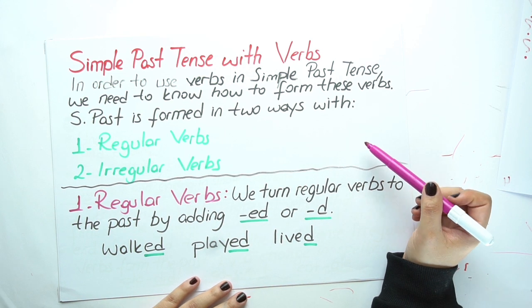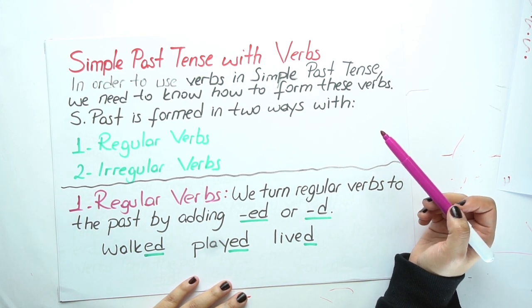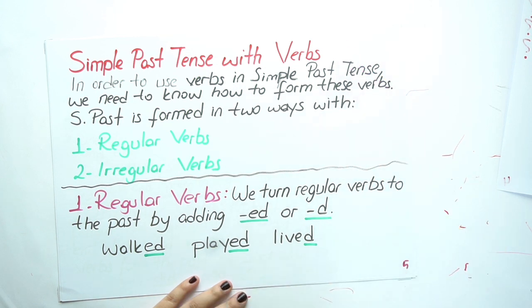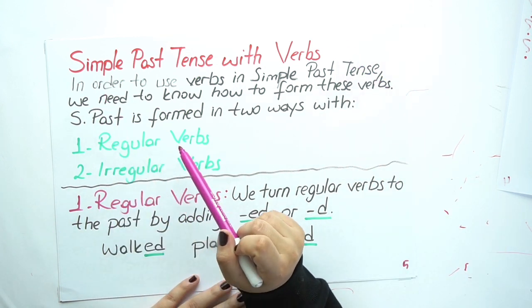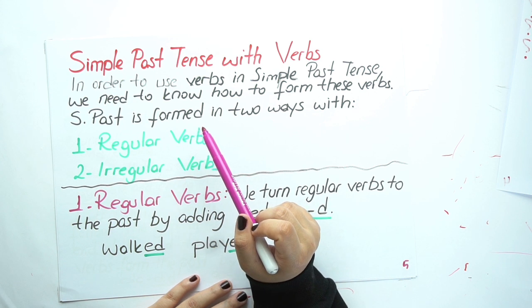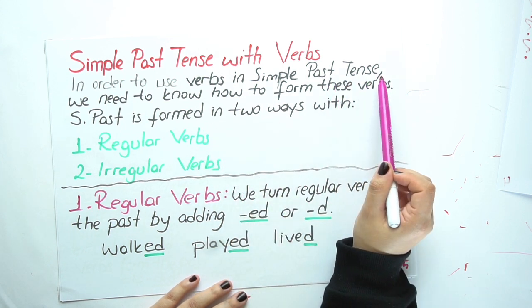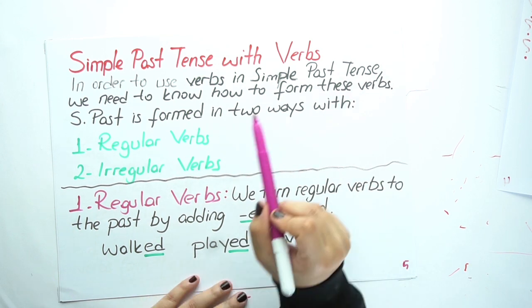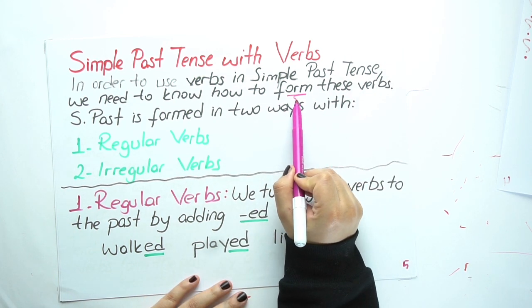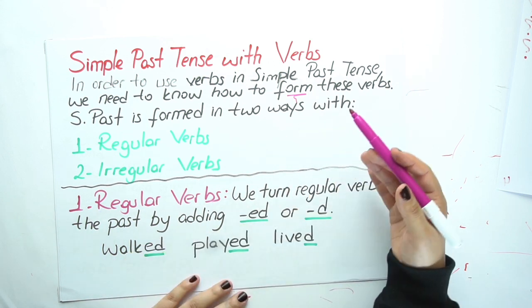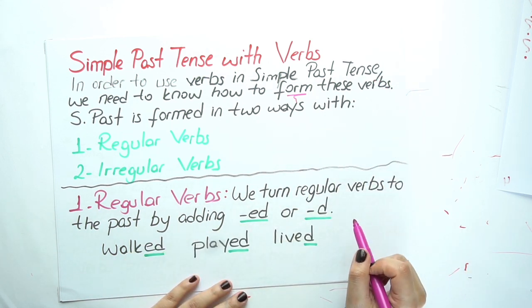When we move to the parts, simple past tense with verbs, we see a definition. In order to use verbs in simple past tense, we need to know how to form these verbs, because they will be the signs of simple past tense.